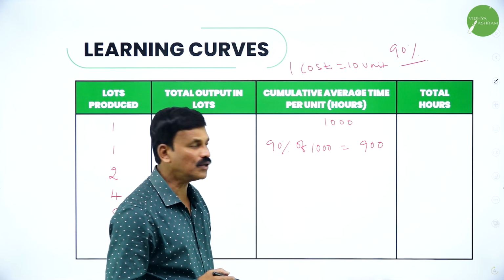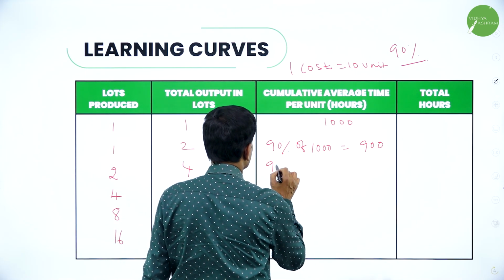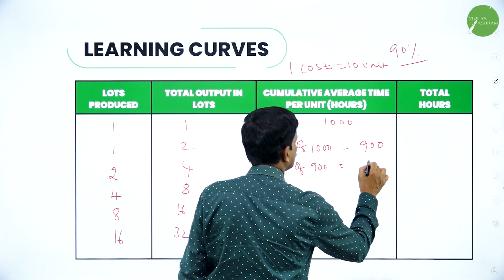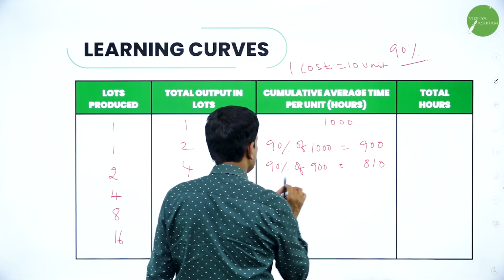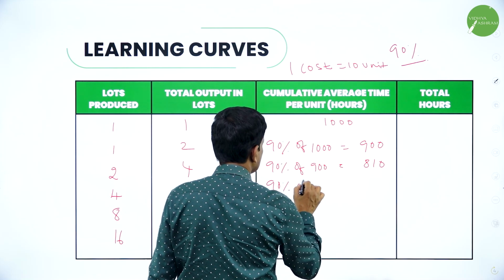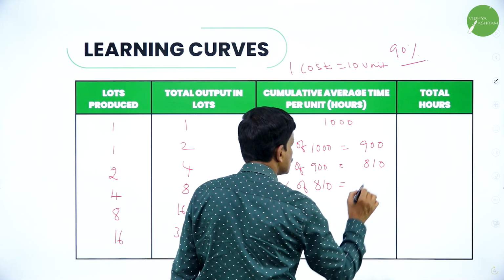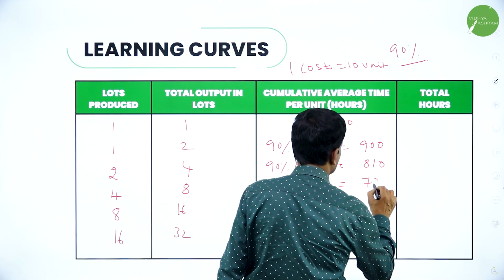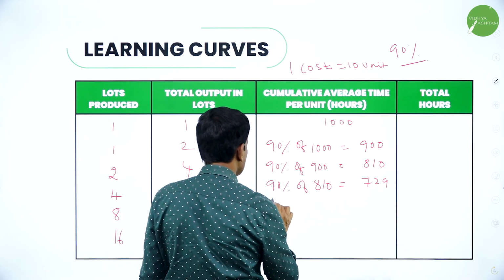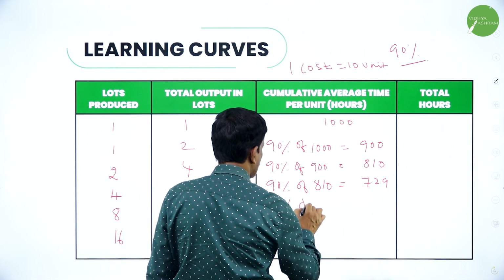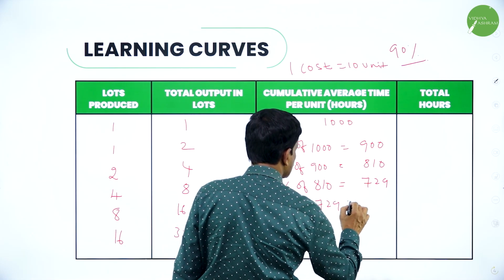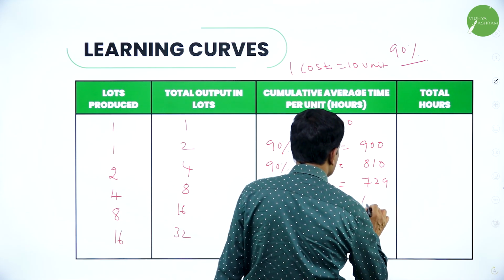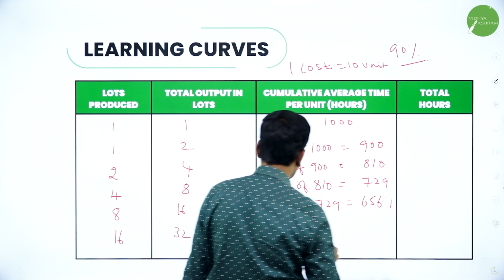So similarly find out 90% of 900, which is equal to 810. Similarly, 90% of 810 is 729, and then similarly 90% of 729 is equal to 656.1.